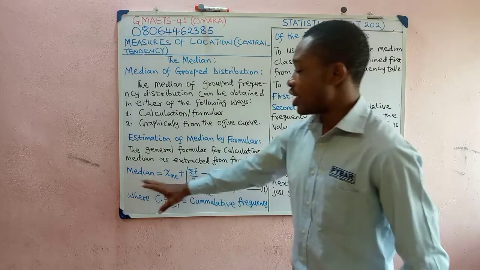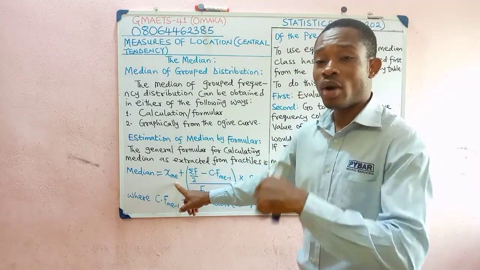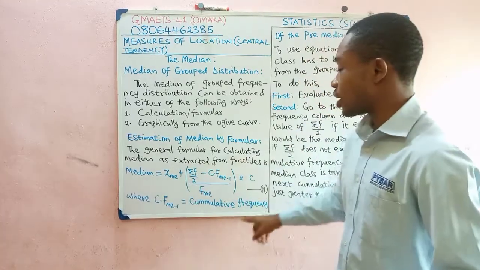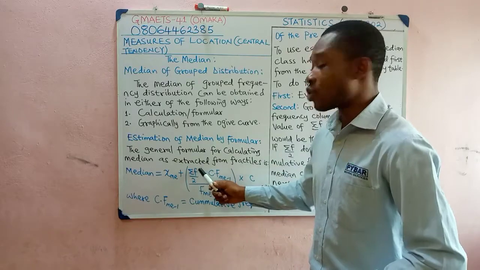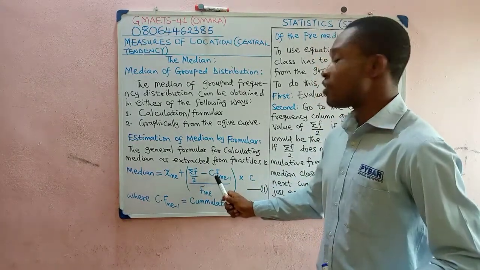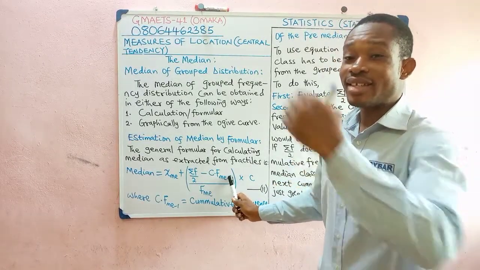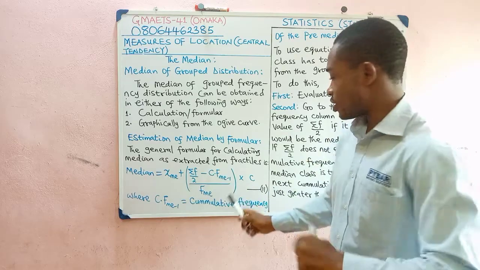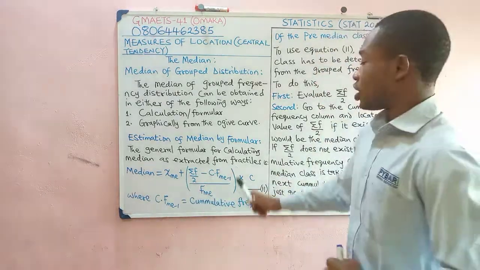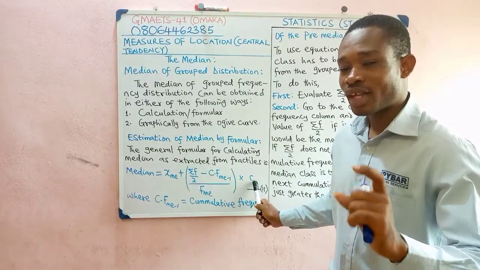The median is equal to x subscript me, which is the lower class boundary of the median class, plus open bracket, summation of all frequencies divided by 2, minus cumulative frequency of the pre-median class, that is the class before the median class, divided by the frequency of the median class. Close your bracket and multiply by the class width, C.